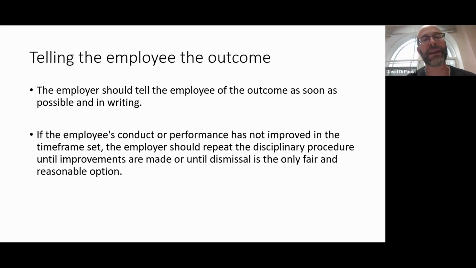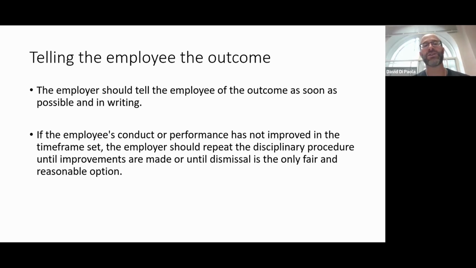Telling the employee the outcome, similarly with the grievances, the employer should tell the employee the outcome as soon as possible and in writing. Obviously, if you're dismissing someone for gross misconduct, you might often at the time simply have to tell them verbally that they're being dismissed immediately, but you should always follow up in writing.